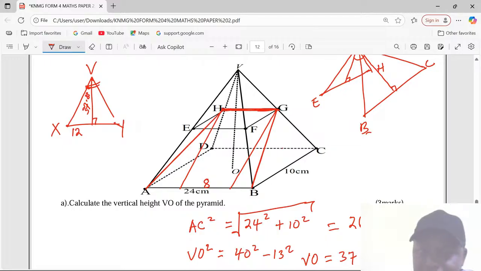So we shall be having 8 there. Then from that point to the base, to the ground, this is the angle we need. That is the angle we need between the two planes.